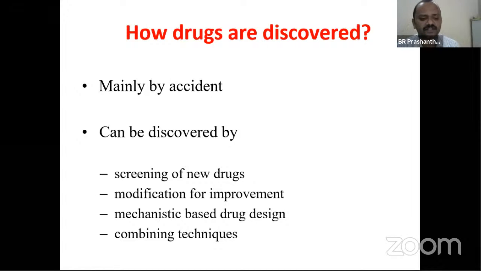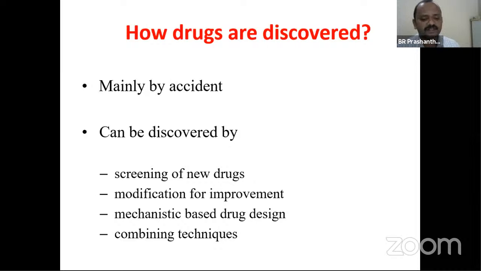So that is one way of doing it. That is what the pharmaceutical industries are doing right now, and some academics also do it if they have good infrastructure and good facilities.